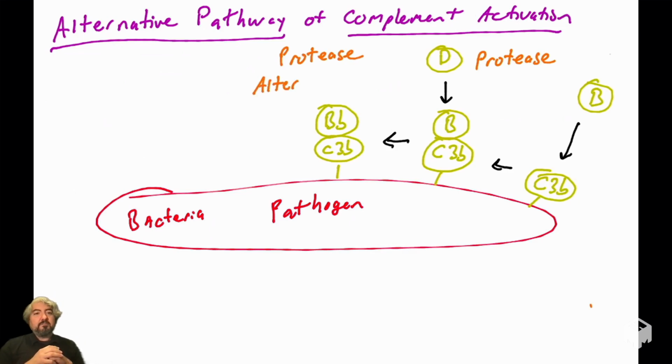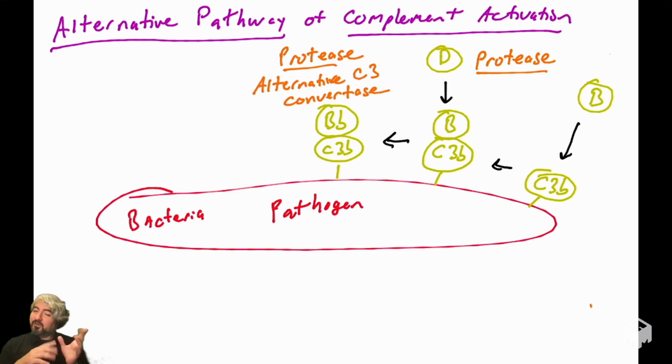What is that? That is another protease. Before, if you recall, we made a soluble C3 convertase, and it's floating around near the surface of a pathogen. Now we have a C3 convertase attached to the surface of the pathogen. This protease has a name: the alternative C3 convertase.